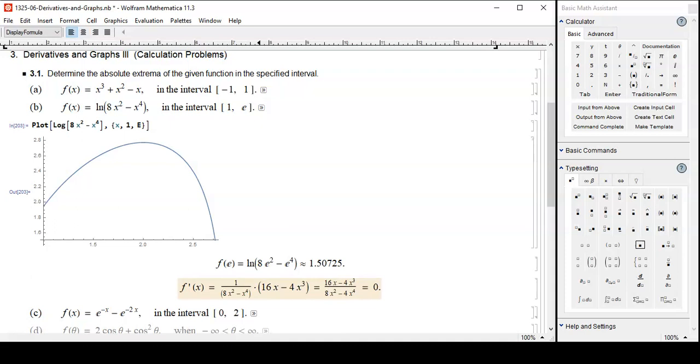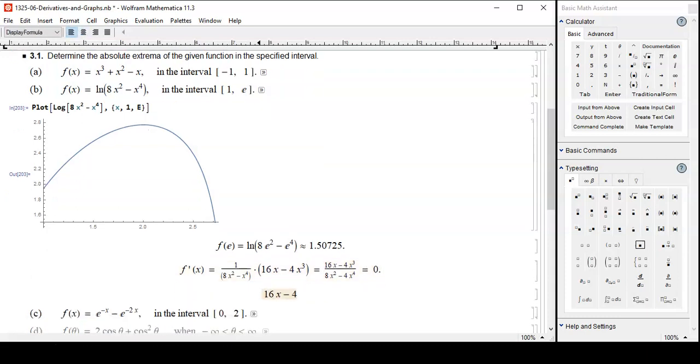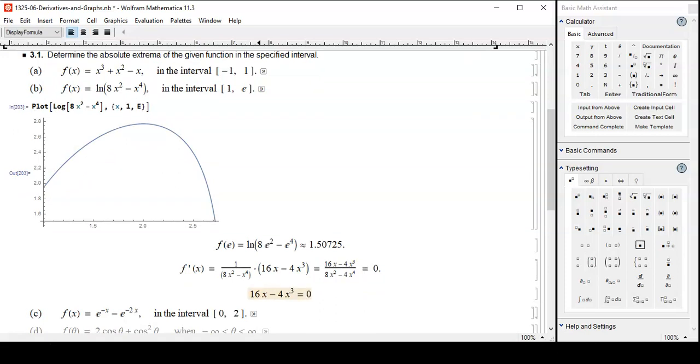Don't be intimidated. A fraction equal to 0 simply means the numerator is equal to 0. Of course, if you multiply the denominator to both left-hand side and right-hand side, then the left-hand side denominator is going to be killed. Right-hand side, multiply to 0, that is going to be killed. So in any case, we get this: 16x minus 4x cubed is equal to 0.